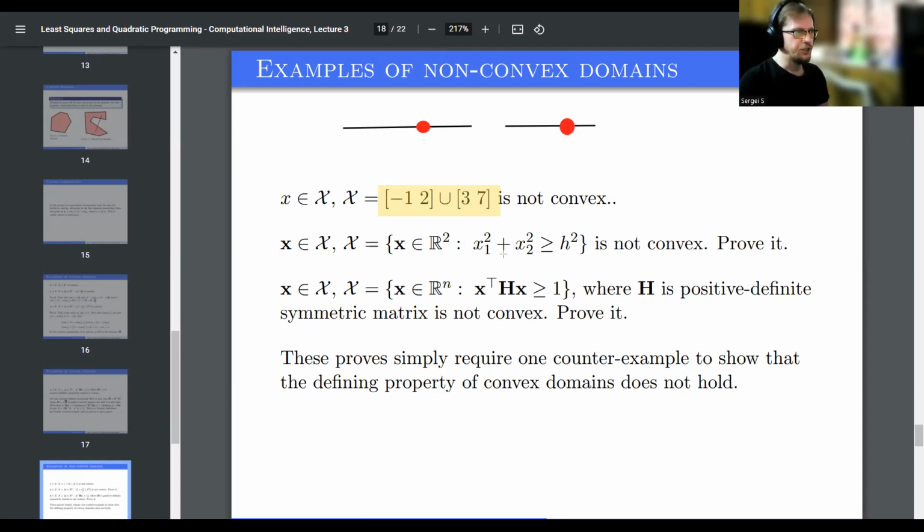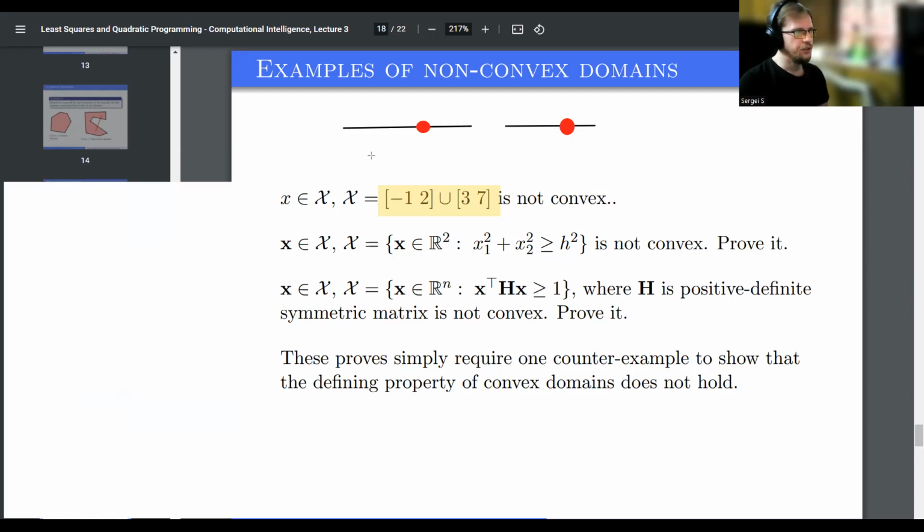Another one is this expression. This is kind of like a unit circle, but the domain is everything outside the unit circle. If you want to try to draw it, here's a unit circle on the plane.